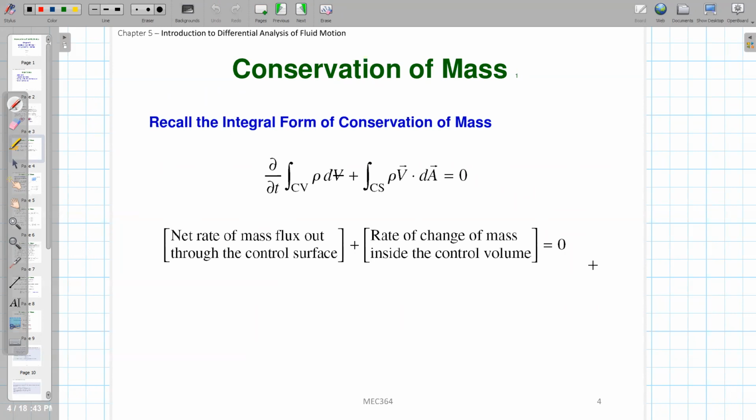And the second term is the mass flux, flowing out through the control surface. Let's still use this correlation, but now we try to derive mass conservation for a differential volume.